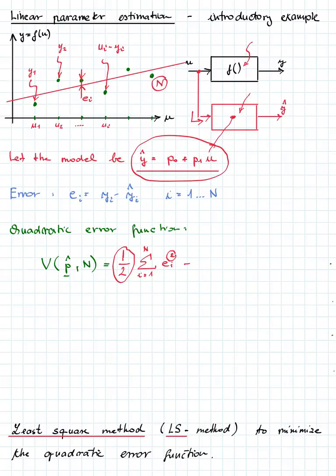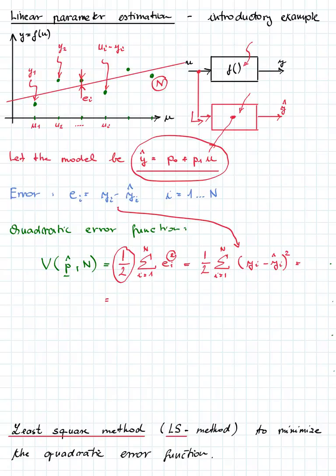So what is the next step? We are going to use this definition here. The sum is from 1 to n, y index i minus y hat index i, squared.